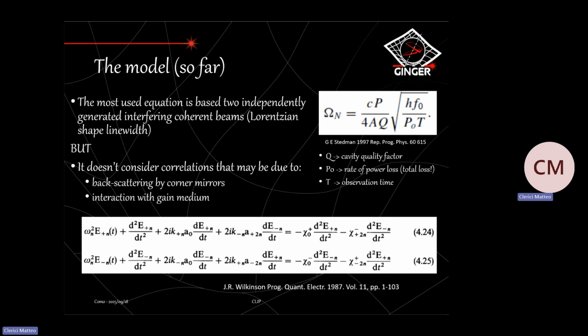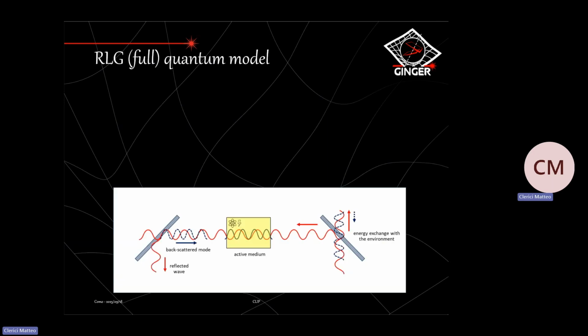So why not consider this in a quantum model? Essentially, what you have at the photon level is that some photon can come back and couple to the active medium in the wrong direction with the wrong K, and it's amplified and starts to travel in the wrong direction and so on.